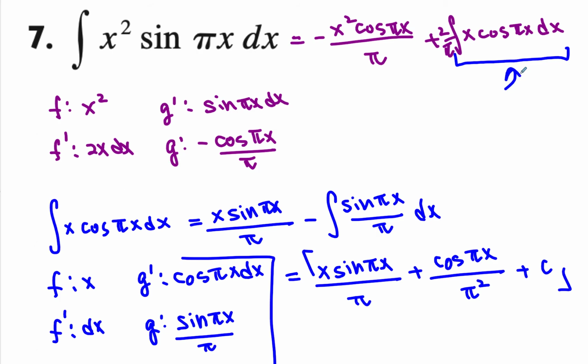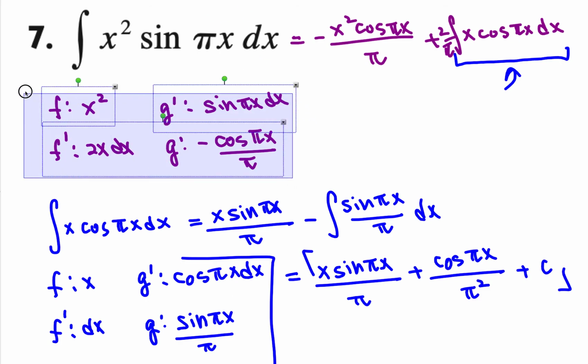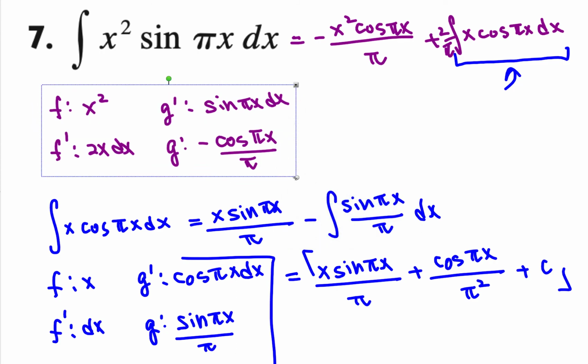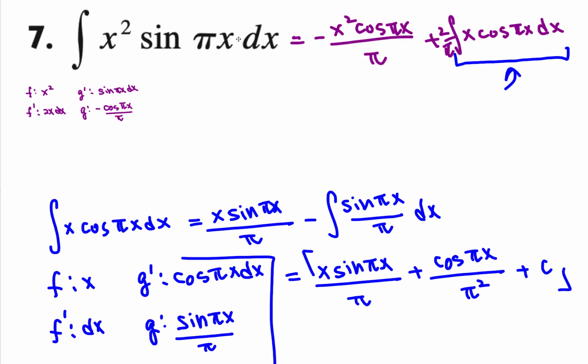So then what do we end up getting, guys? Let me reduce this a little bit, because I think I'm going to need some space here. It is equal to negative x squared cosine of pi x over pi plus 2 over pi, and then I have to write this one down.